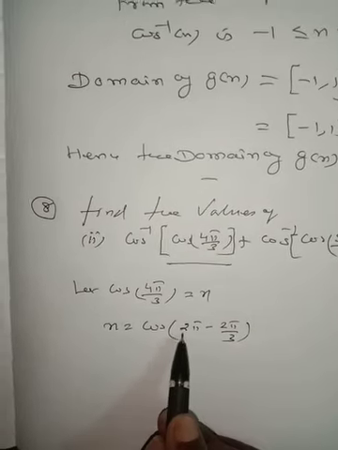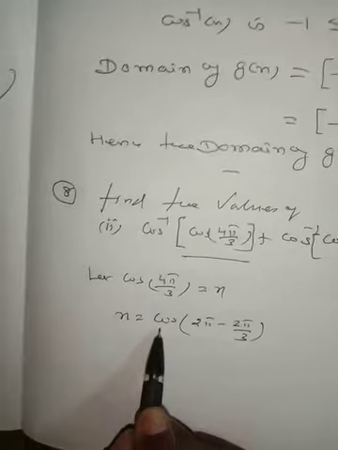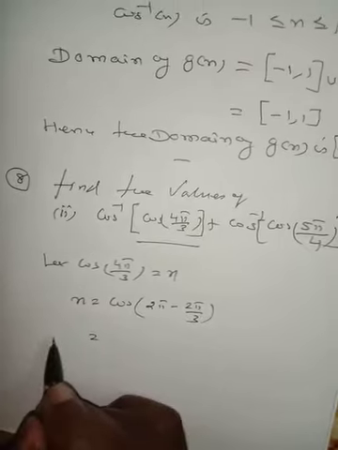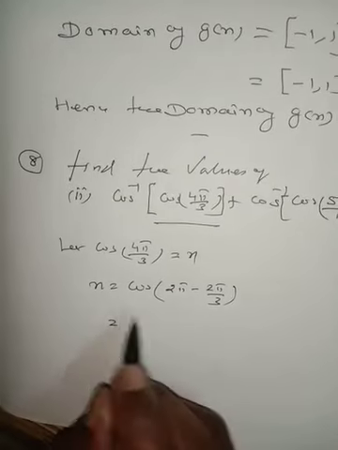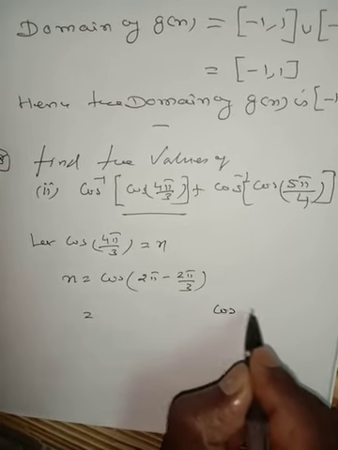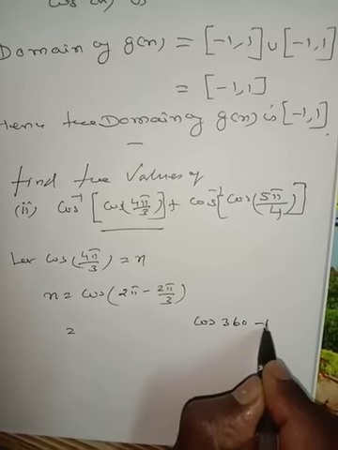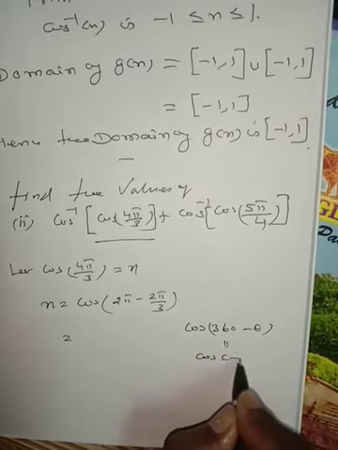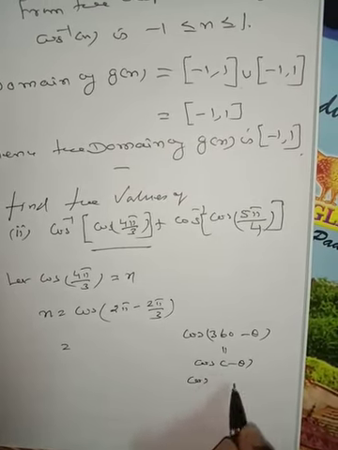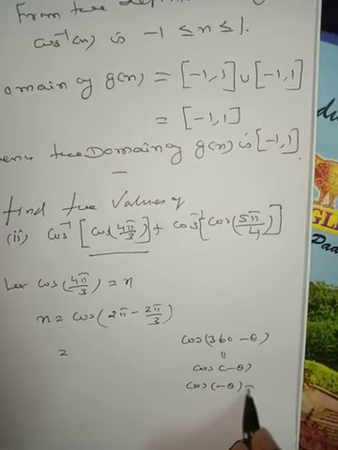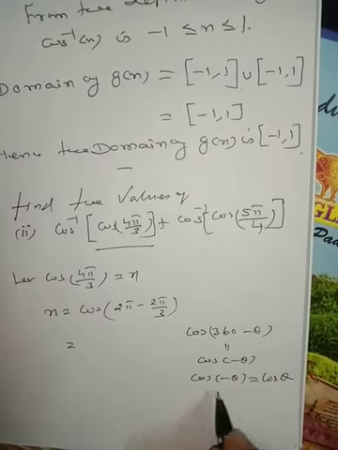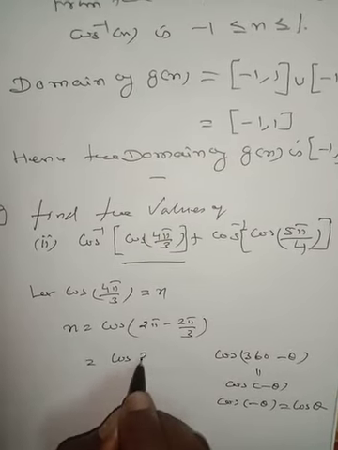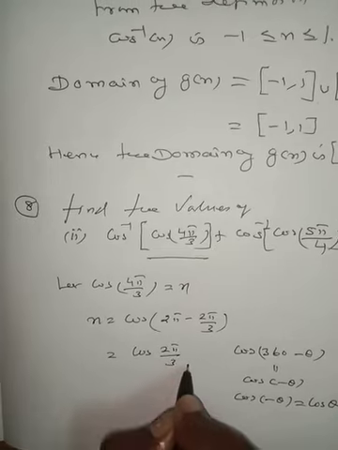We know that one complete round is 360 degrees, therefore cos of minus 2 pi by 3 is cos 2 pi by 3. Why? The reason is cos of minus theta is cos theta. There are two formulas. One is cos 360 minus theta is cos of minus theta. Next formula, cos minus theta is equal to cos theta. The function is even. Therefore, second formula cos theta.